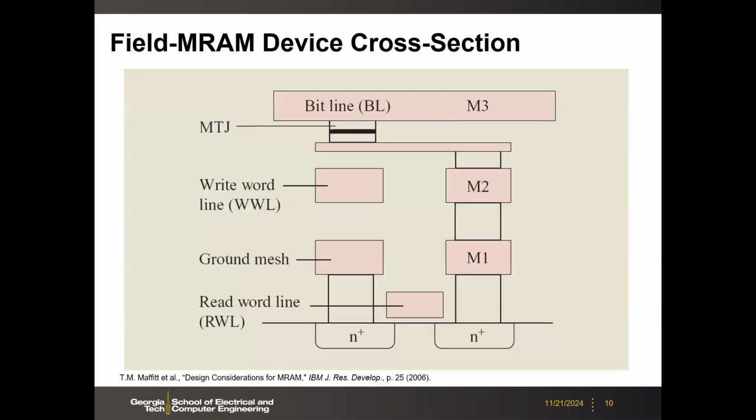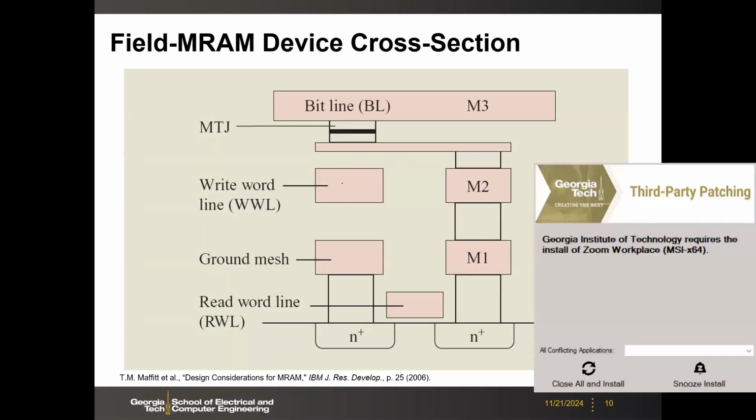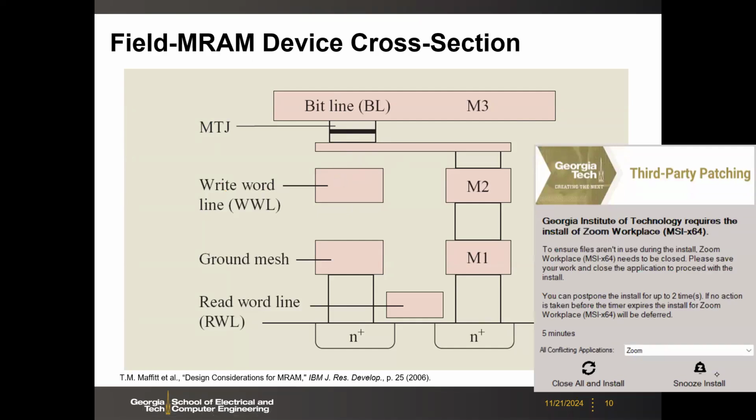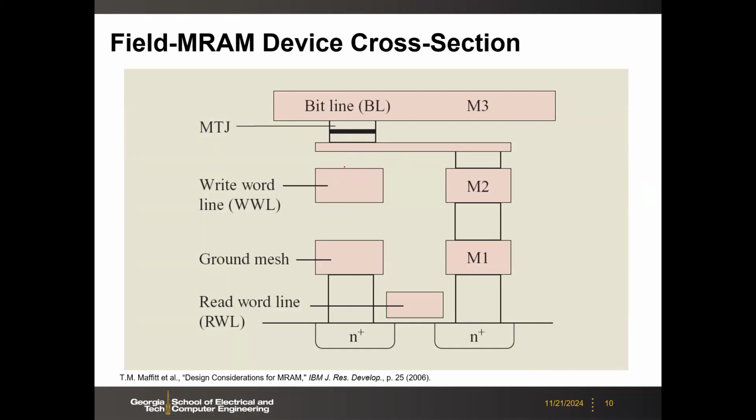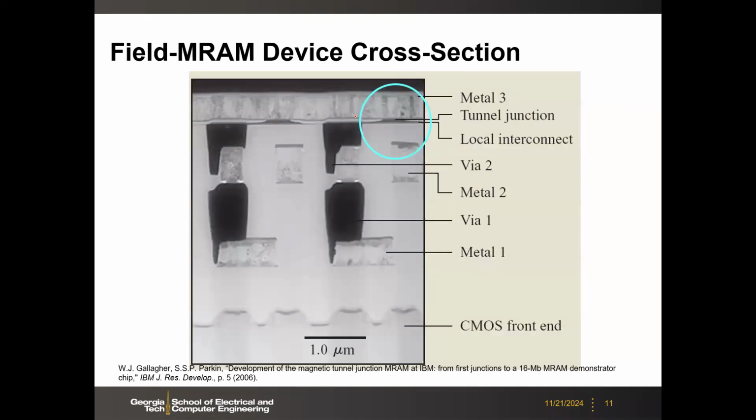Field MRAM. So this is like a cross-sectional view, right? What you need to have is to embed this write word line underneath the MTJ, and then you have your selection transistor here. So here are some real images from the early days.